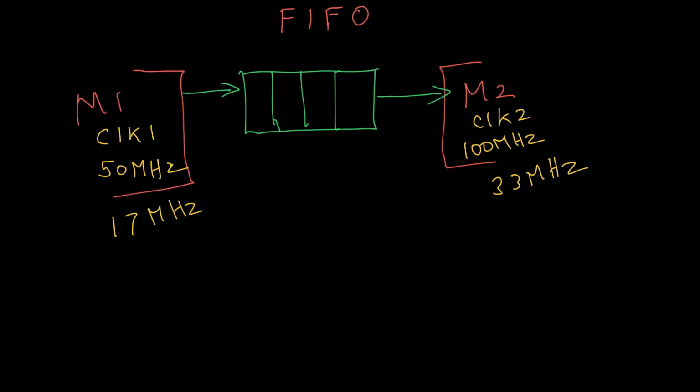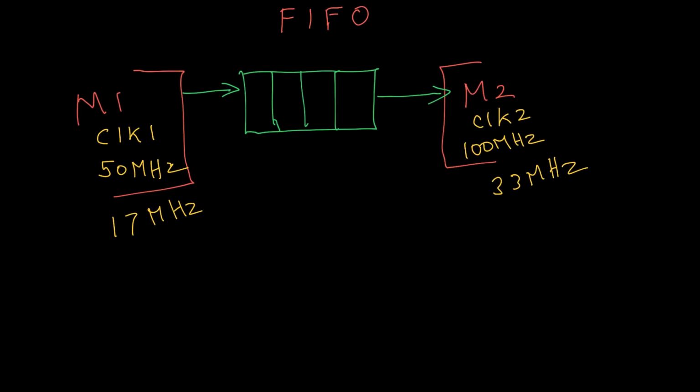When we have two clocks interacting with the FIFO, clock 1 can write into the FIFO at its own speed, and clock 2 can read from the FIFO at its own speed. Both need not read and write at the same time. Clock 1 is independent and can write into the FIFO whenever it has data, and clock 2 can read from the FIFO whenever it is free to read.